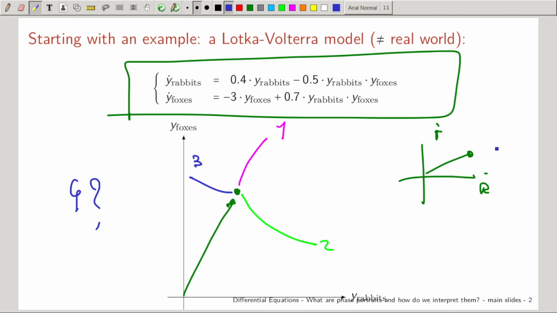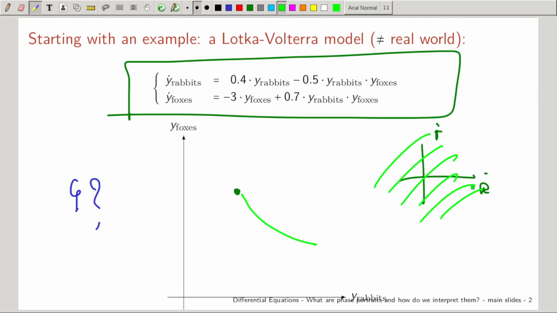1, because this indicates that I've got positive derivative on the foxes, positive derivative on the rabbits. It means that I go right and up. True? You see it? If I were to have this green trajectory here, where should my y dot be? First quadrant, second quadrant, third quadrant, fourth quadrant, 5, you do not know. Let me rewrite.